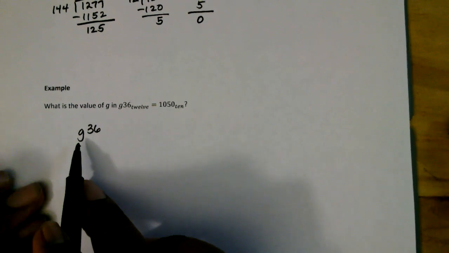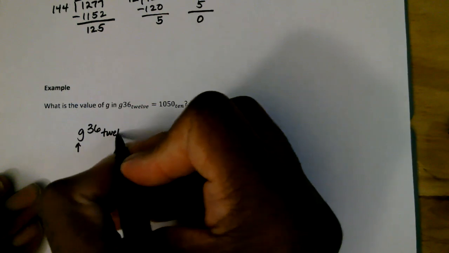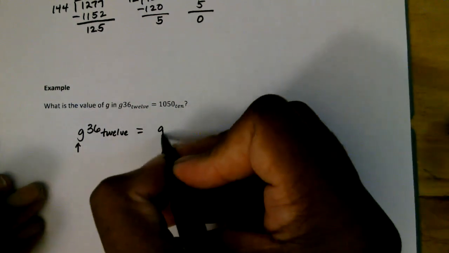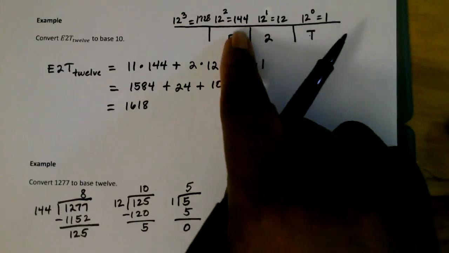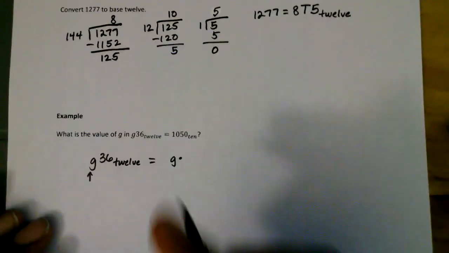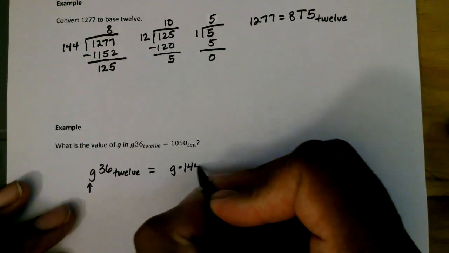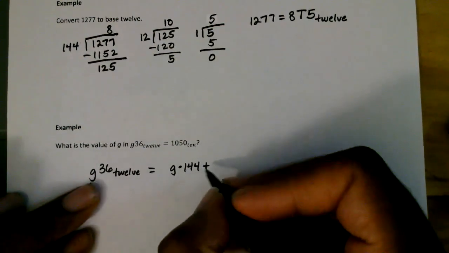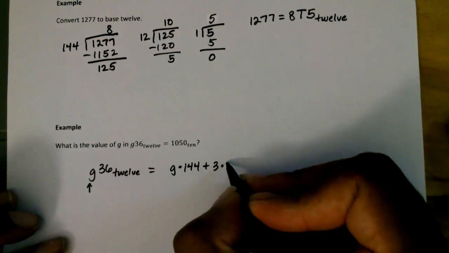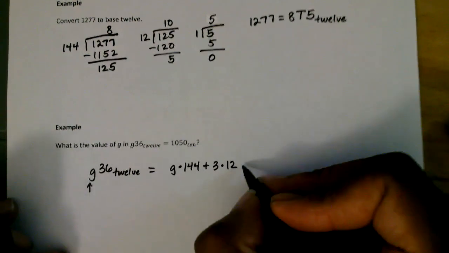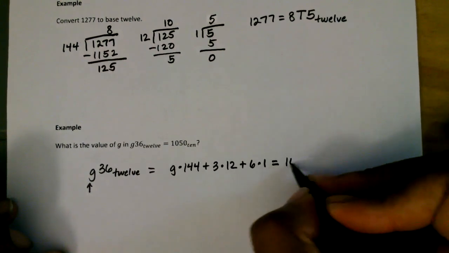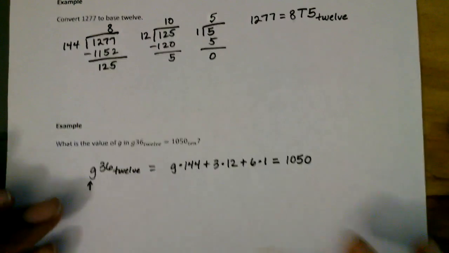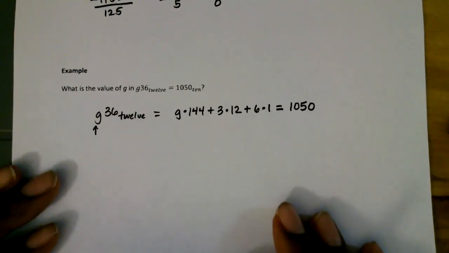The place value position for the G in base 12 has to be some value of G times, and notice from that place value chart, 144. The 3 in base 12 has to be 3 times 12, and the 6 in base 12 has to be 6 times 1. That must equal 1050, and we don't necessarily need to write base 10.